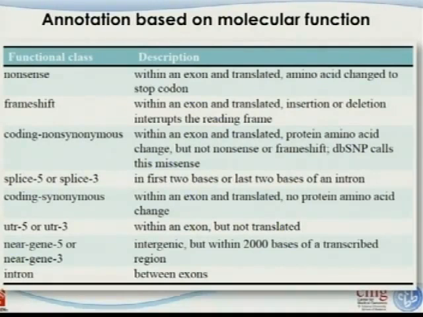That's why for most of the major predictions, splicing 5 and splicing 3 are quite important. And coding synonymous variants are within an exon and translated, with no protein amino acid change. A lot of people consider this type not very important, but new developments found that a lot of synonymous variations are actually quite important as well.